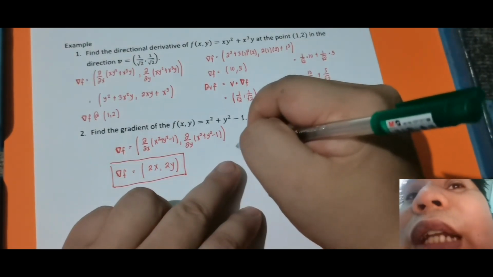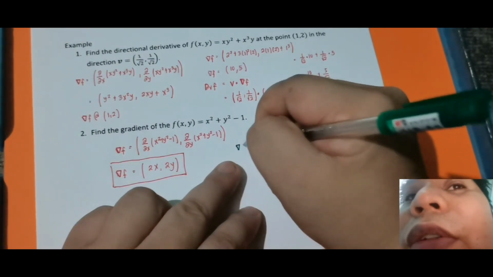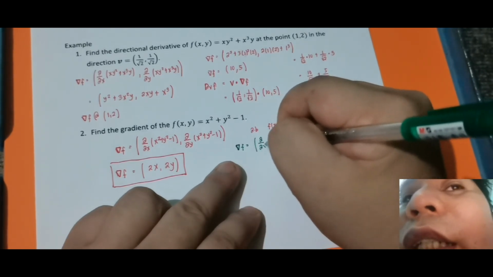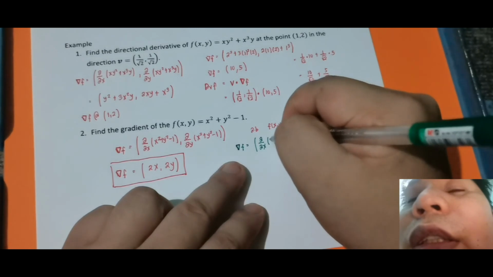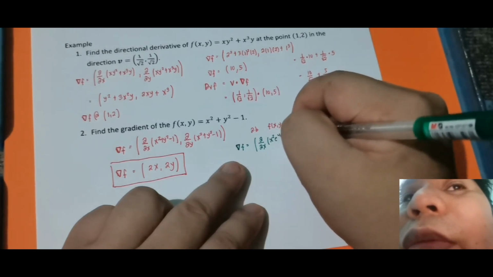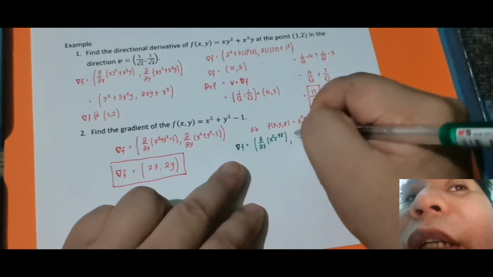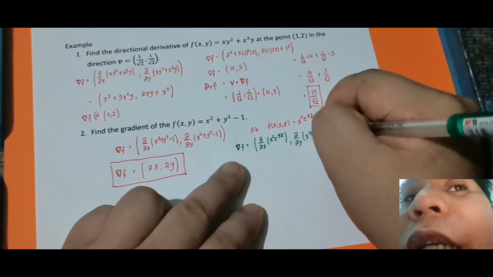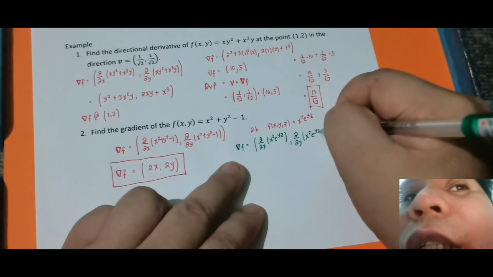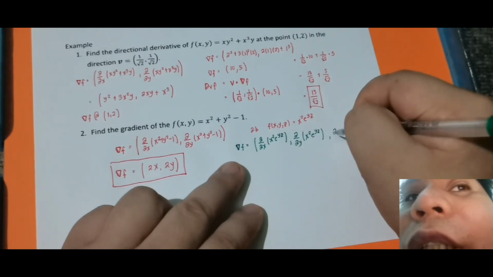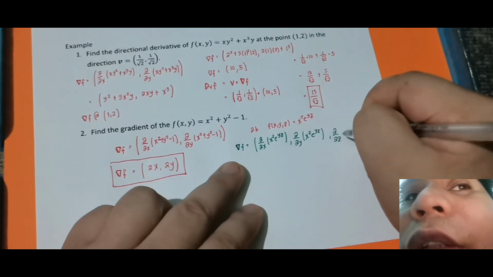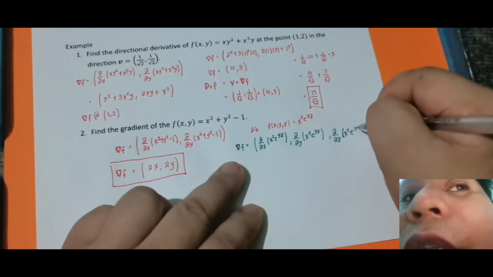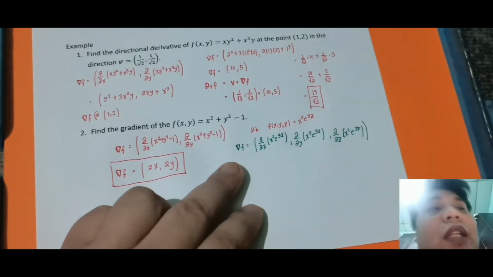Of course, it's a bit bigger because we have three variables. So the gradient of f is just equal to the partial derivative with respect to x of x squared e raised to yz, comma, partial derivative with respect to y of x squared e raised to yz, comma, partial derivative with respect to z of x squared e raised to yz. Actually, it's still easy.